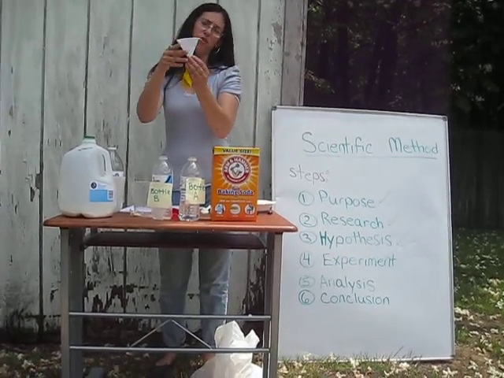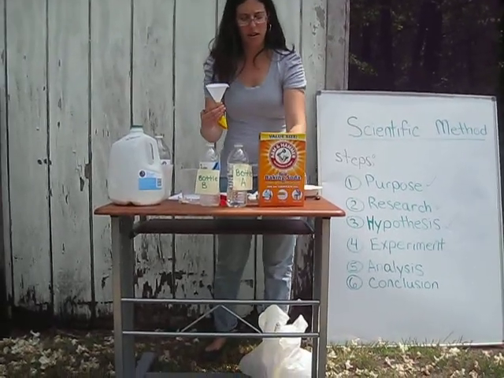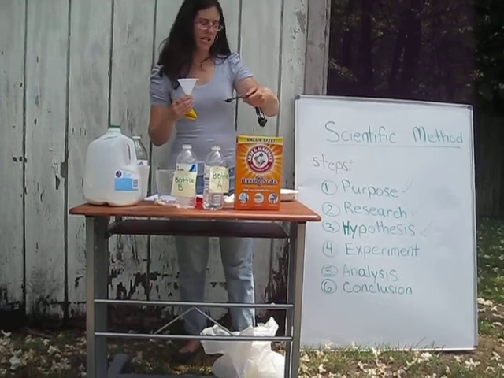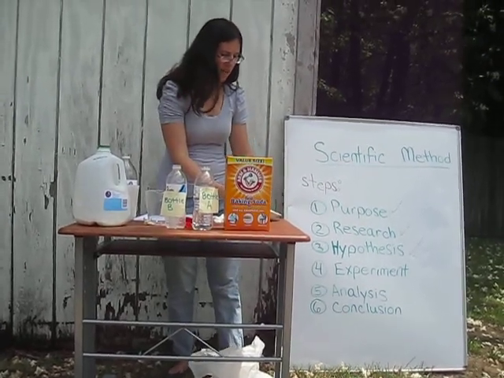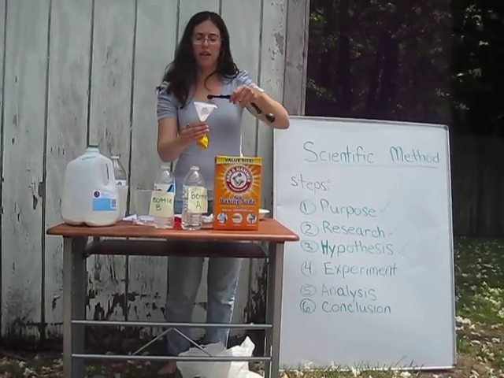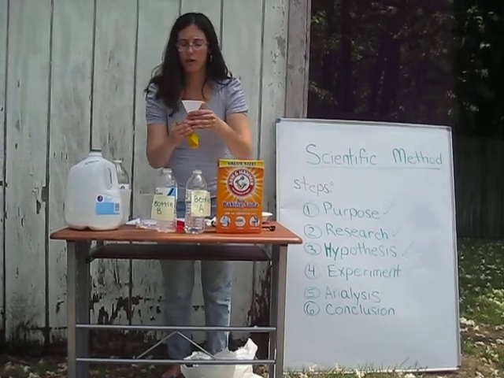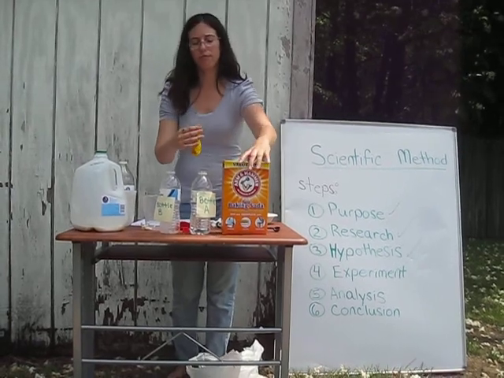You're going to put the balloon onto the funnel, hold it on tight so it doesn't fall. Go to your measuring spoons, 1/2 teaspoon. So put 1/2 teaspoon of baking soda into balloon A. Okay, don't take the funnel out until all of the baking soda is into the balloon.